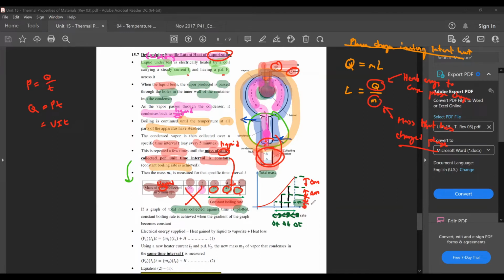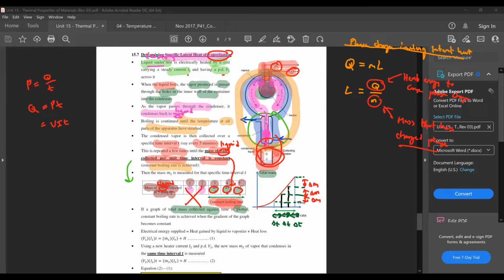Oh wait, this one at the top actually doesn't count. Sorry, the one at the bottom actually doesn't count. The one at the top actually does count. Let me just get this done properly.